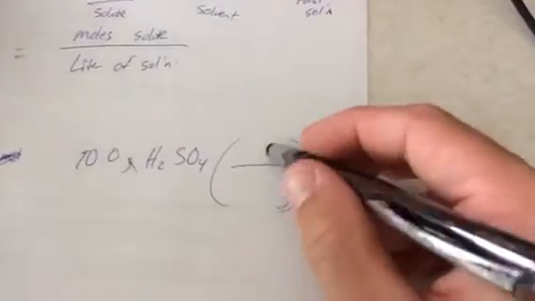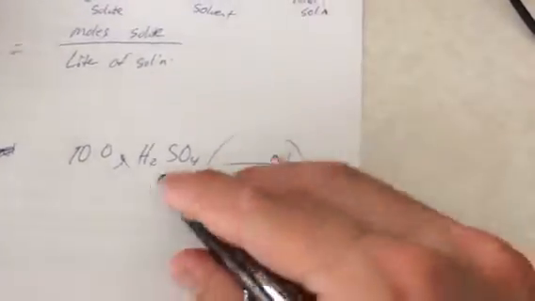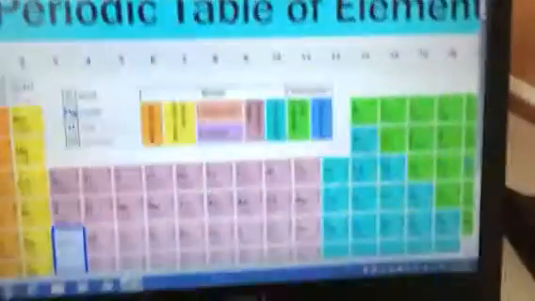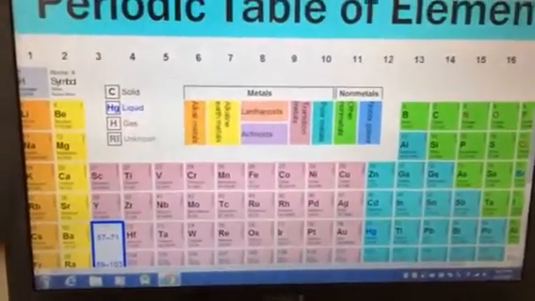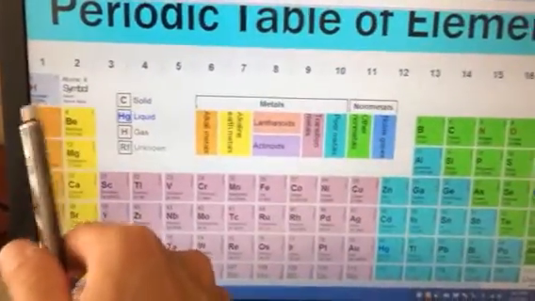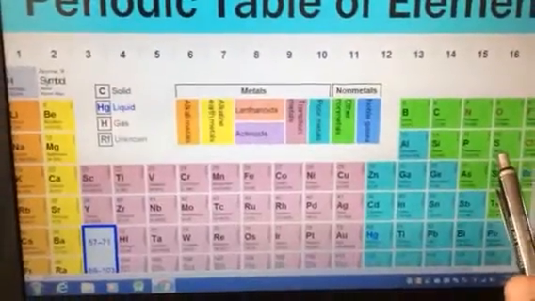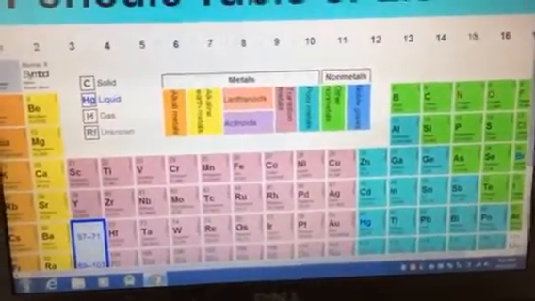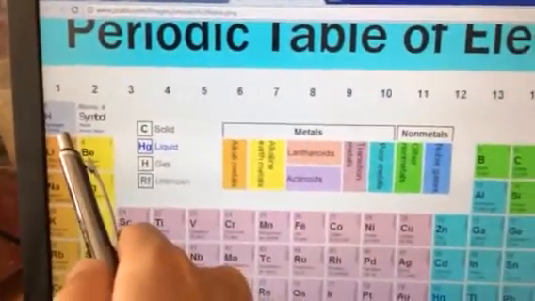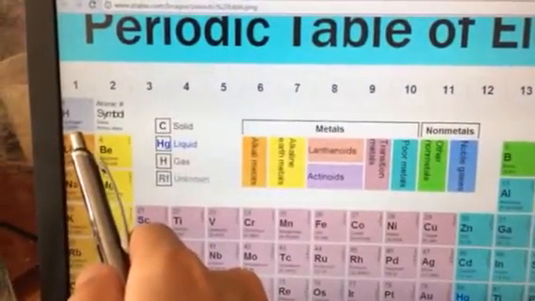So how do we know how many grams per mole there are in sulfuric acid? Well, you'll notice on your periodic table there's not a sulfuric acid box, but you do have all the ingredients for it. You've got hydrogen, 2 of those, sulfur, which is over here, and oxygen. So all we need to do is add together the components of those. Each hydrogen's got a mass of, this gives us more precision than we need, 1.007.